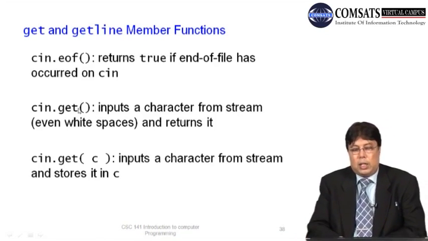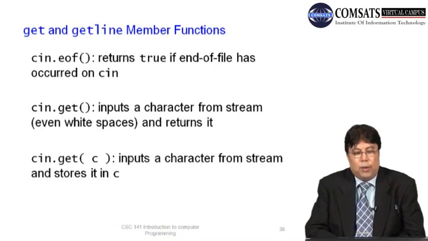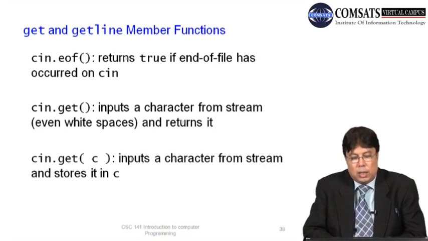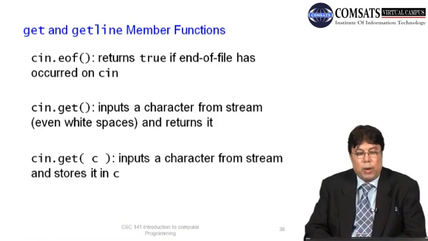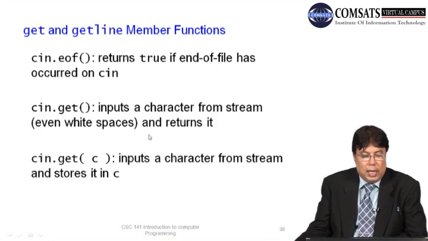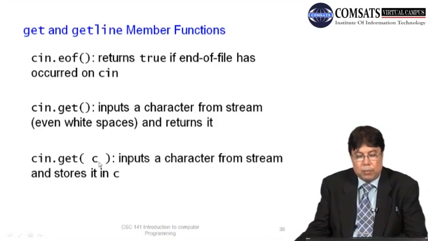Cin.get will input a character from the stream, including white space, and return it. So it will even read the white spaces, and it will keep on reading the data, and as soon as we press end of file, it will stop. So you can have cin.get() or cin.get(c).